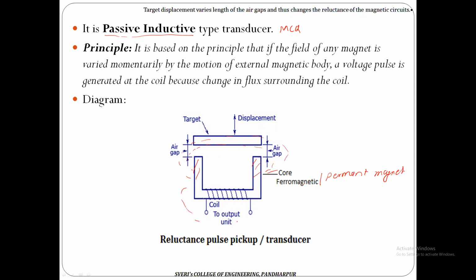On that C-shape, one coil of N number of turns is wound. The output is taken between the two terminals of that coil. Is that clear? This is the first part.